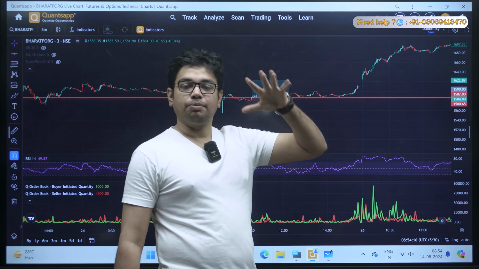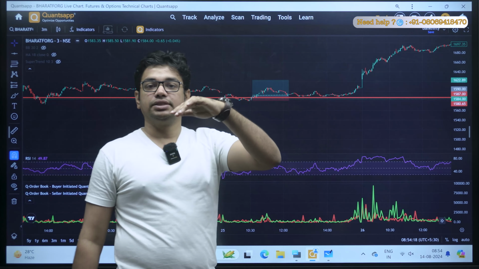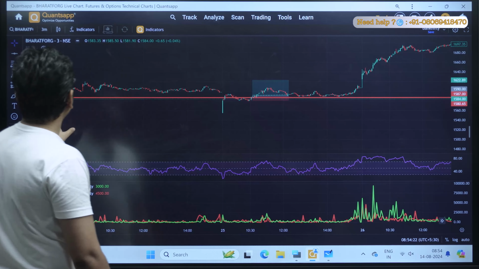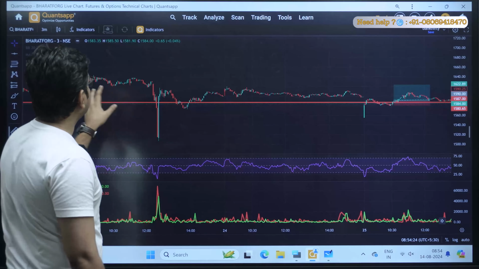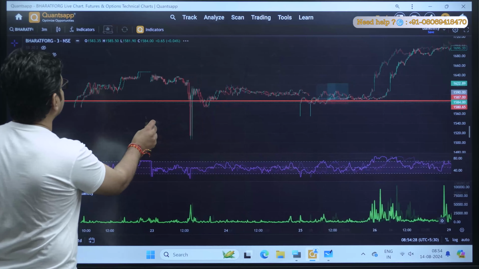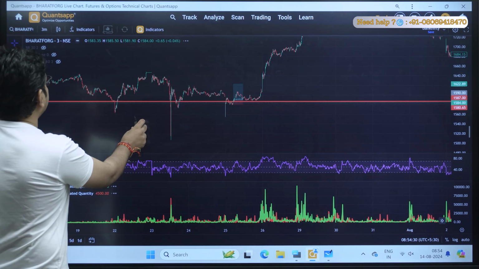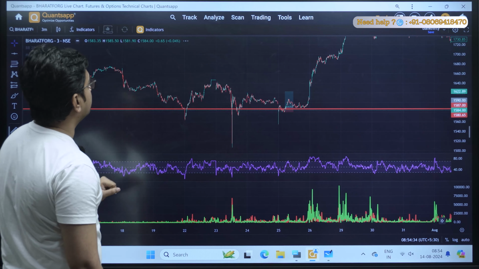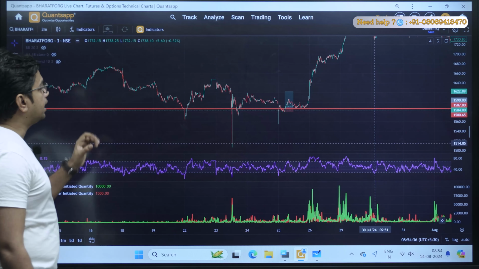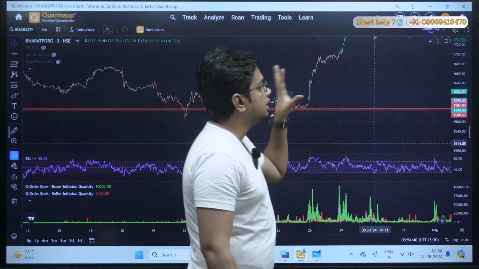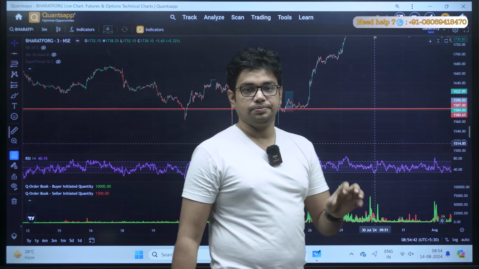Then imagine the profit will be huge. So my next target will be over here, 1640. I can book the profit at 1640, and I can book the profit at 1680 also, because that is the greater resistance over here, and you can see it has reached 1660, 1680 also.